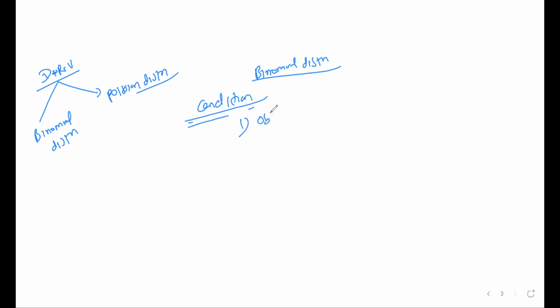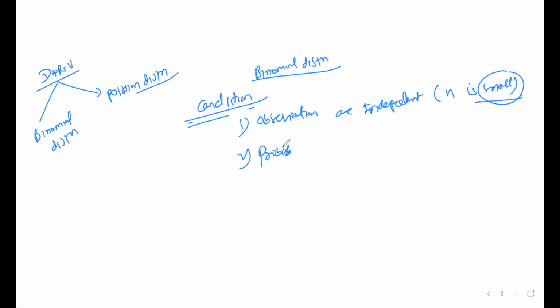I'll give you the conditions when we can apply the binomial distribution. If the observations are independent and n should be small, this is important. Next, the probability of success is constant and should be large.